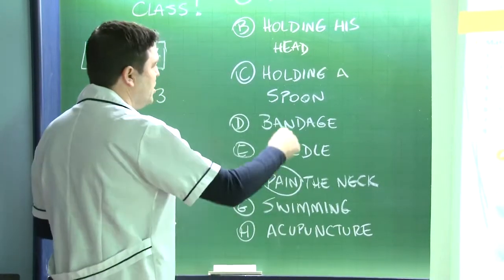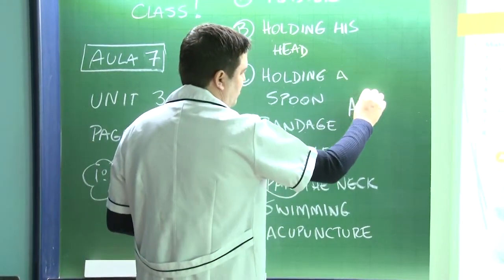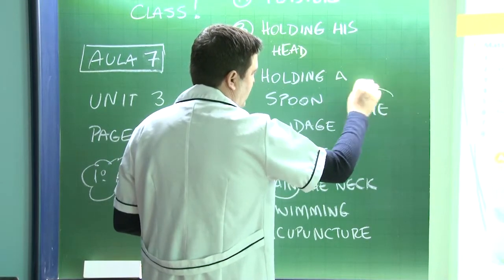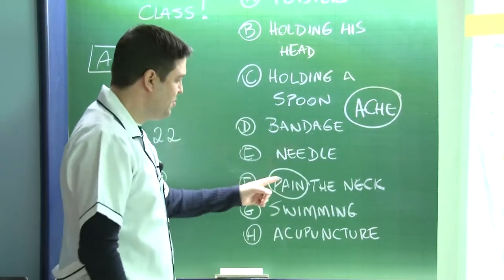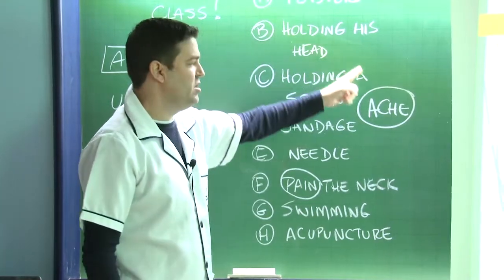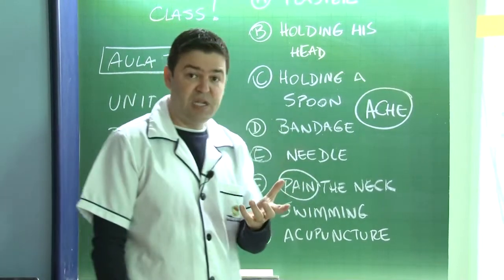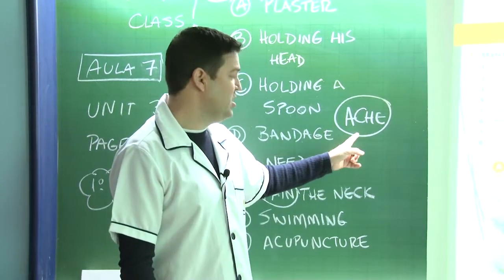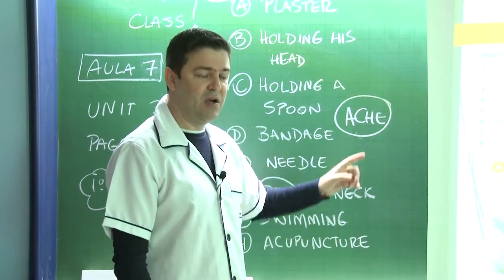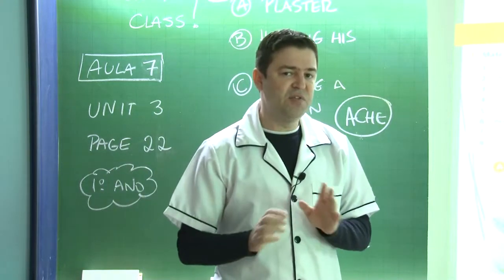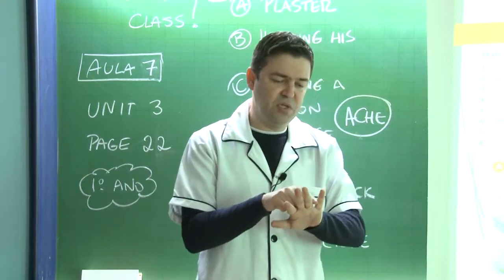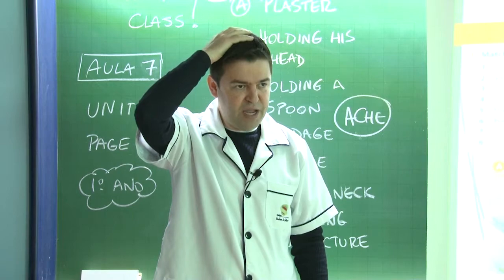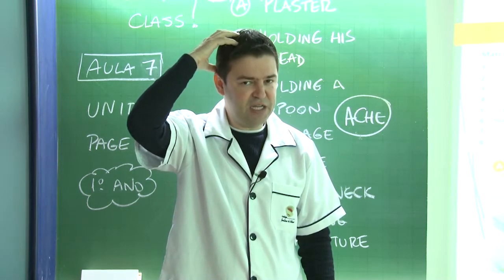What else can you use? You can use a word called ache. Ache also represents pain. So we have sore, ache, and pain to say that your body is not okay, right? In which situation do I use the word ache? With a combination of 5 parts of your body. For example, if you have a pain in your head, you say that you have a headache.